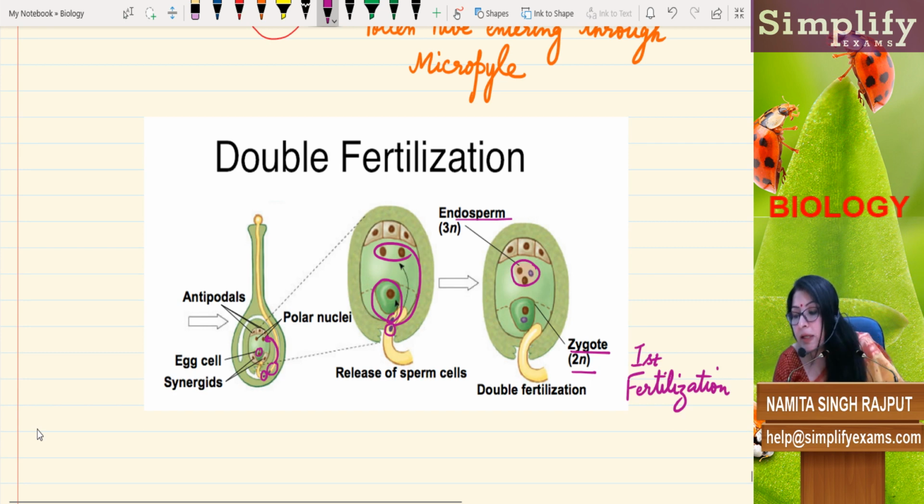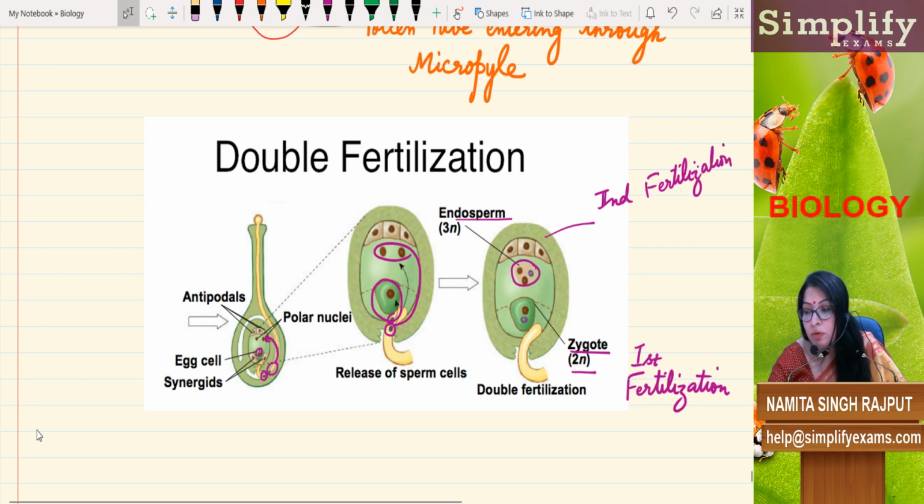Now when this male gamete combines with the 2 polar nuclei, this is the second fertilization, which is also taking place in the same ovule. These 2 fertilizations take place in the same ovule, so this process is known as double fertilization.